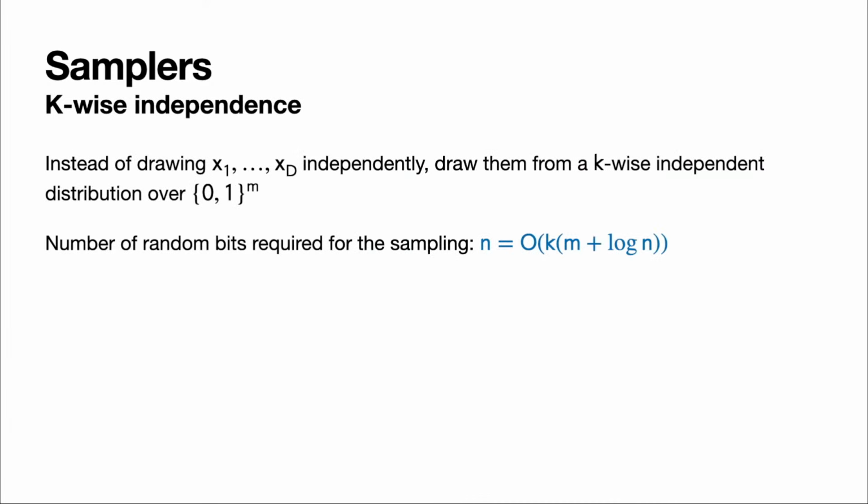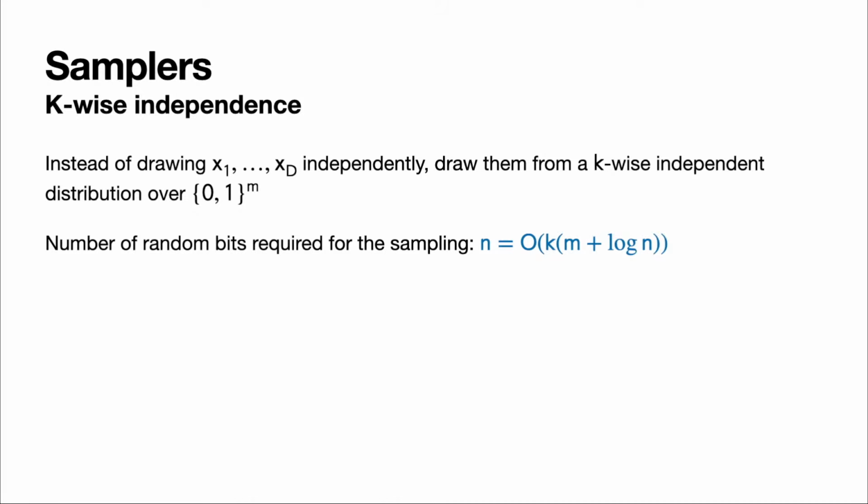So let's take an example of two averaging samplers. The first one uses what we've just seen, which is k-wise independence. Instead of drawing x1 up to xd independently, let's draw them from a k-wise independent distribution.